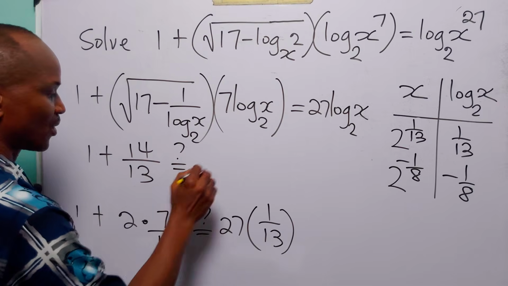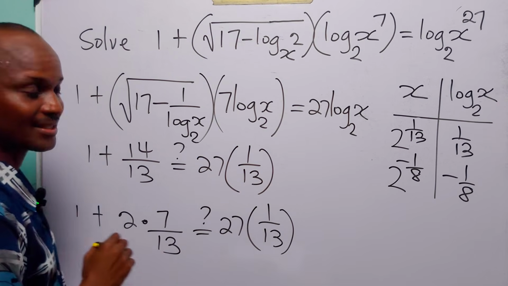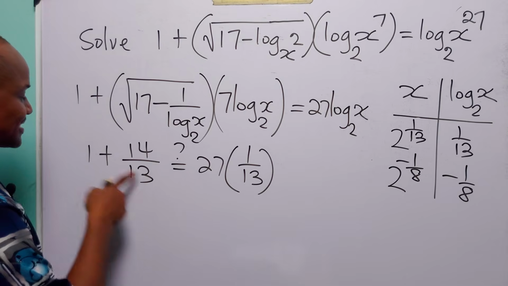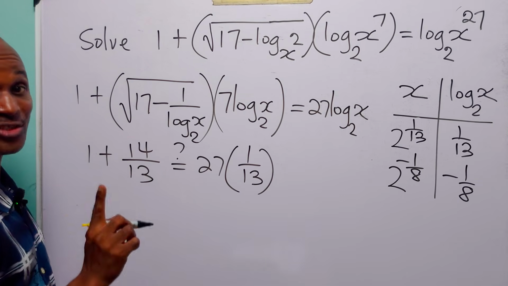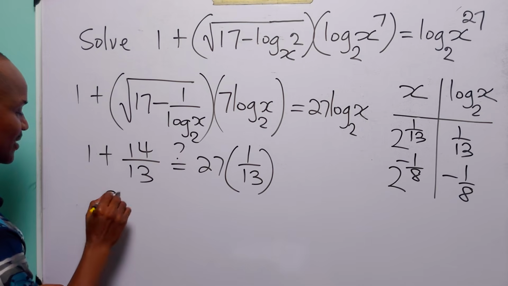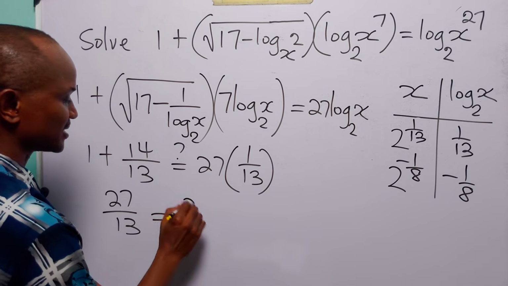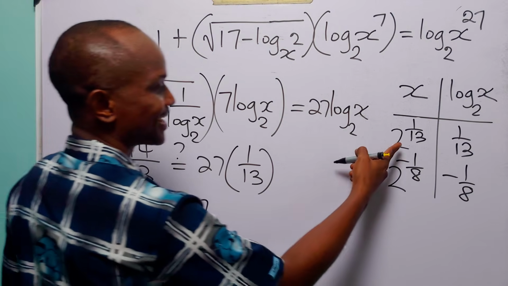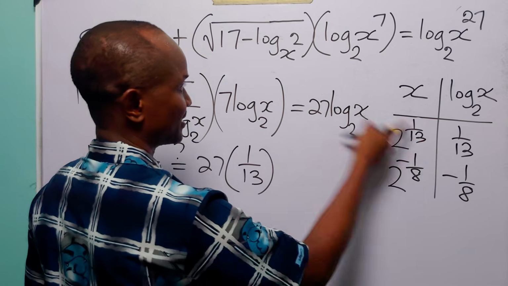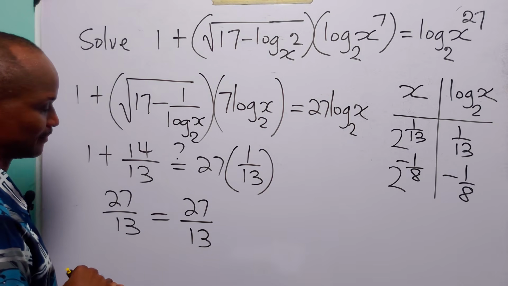Is this equal to 27 times 1 over 13? 13 times 1 is 13. 13 plus 14 is 27. So on the left-hand side, we have 27 over 13. And of course, this is equal to 27 over 13. So when x is 2 to the power 1 over 13, the left-hand side is equal to the right-hand side.